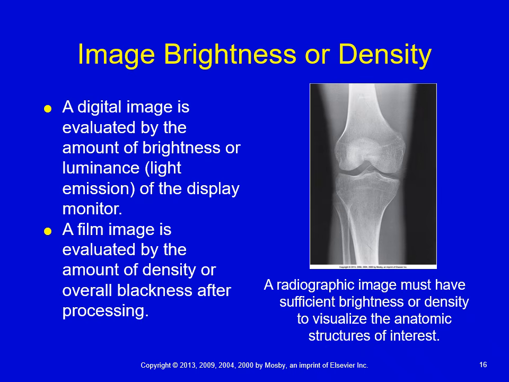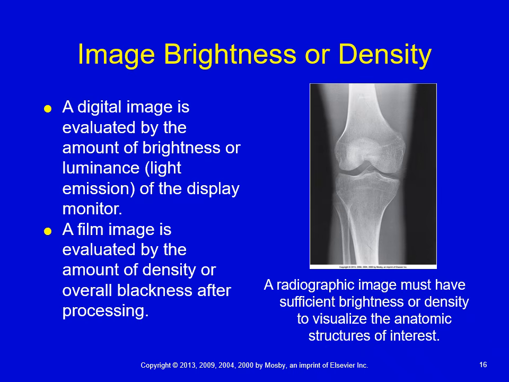We just use the different terms based on the fact that we were talking about film screen and now we're talking about digital imaging. So the image, regardless of the term you use, has to have the right appearance in terms of how dark or how light it is. If the image is too dark or too light, it will potentially be a repeat because it has to have the right amount of brightness or density.